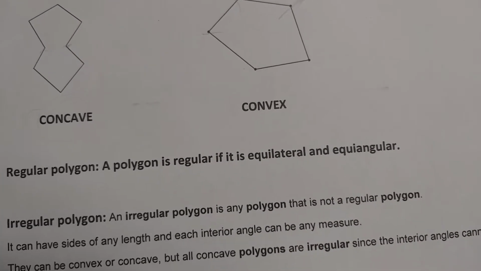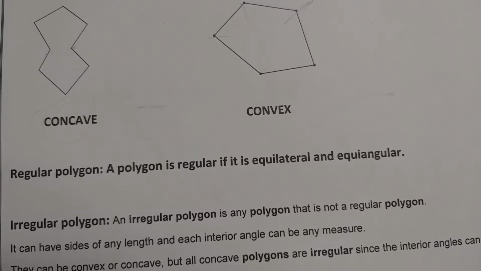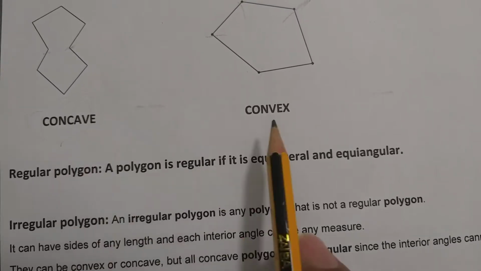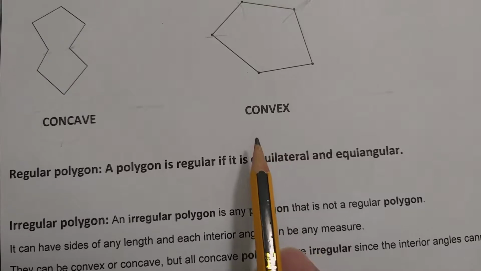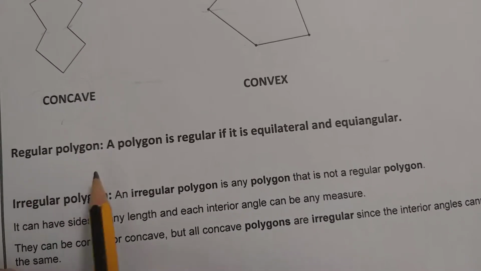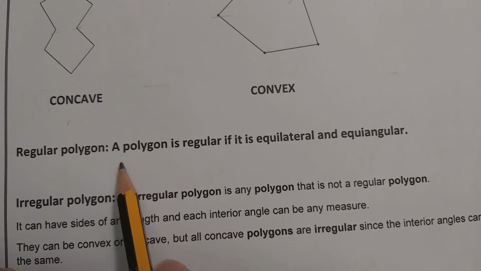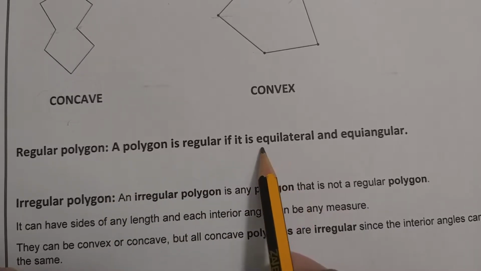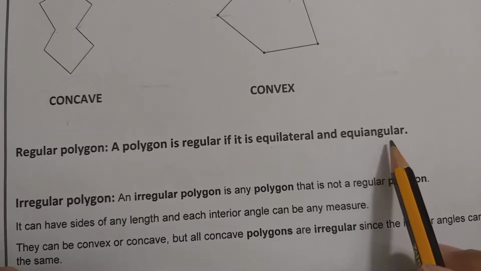What about the regular polygon? Definitely there are two types of shapes: either concave or convex. Obviously, it is either regular or irregular. A polygon is regular if it is equilateral and equiangular.